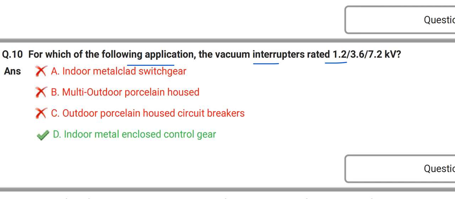This question you can get from some circuit breaker companies. They are directly asking several questions which are difficult for you, data-wise questions from that company, asking which vacuum interrupters are used.